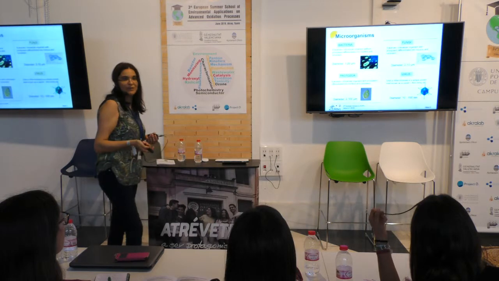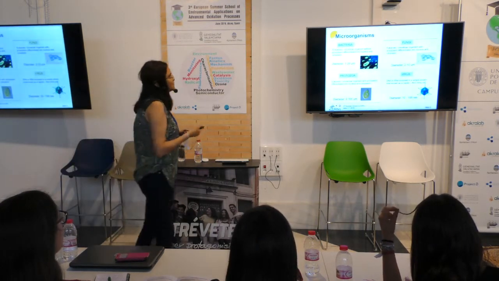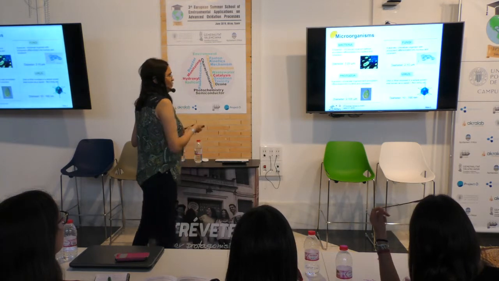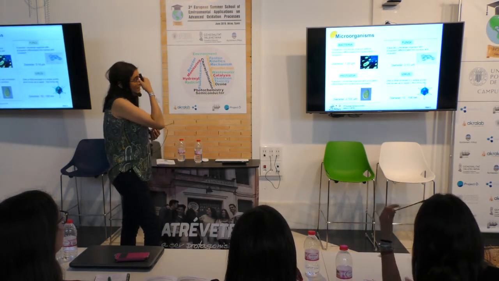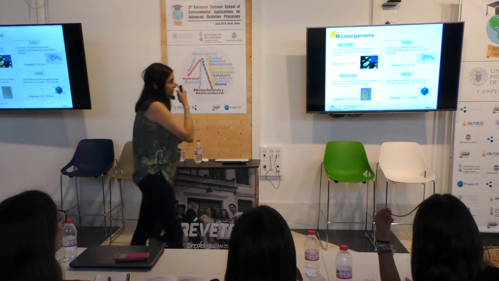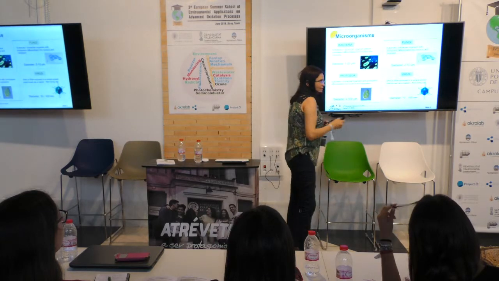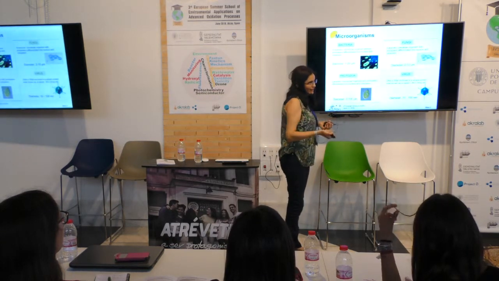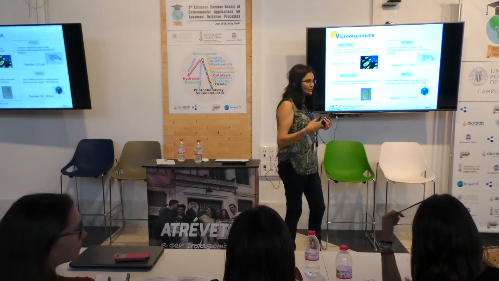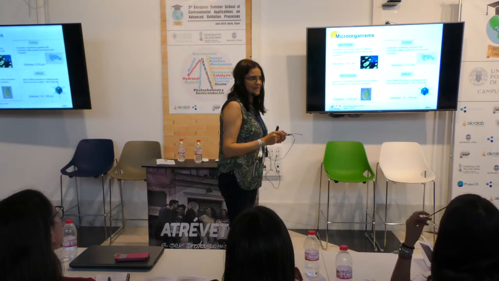Fungi, everybody knows them also, are eukaryotic cells. We also have protozoa, which are another type of eukaryotic microorganisms, and viruses, which have the simplest structure. Some scientists don't accept viruses as a life form because they do not complete the full cycle of life.